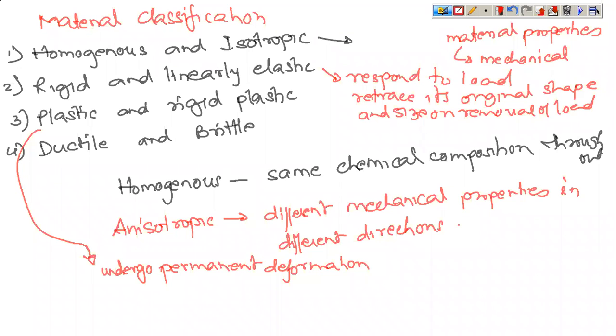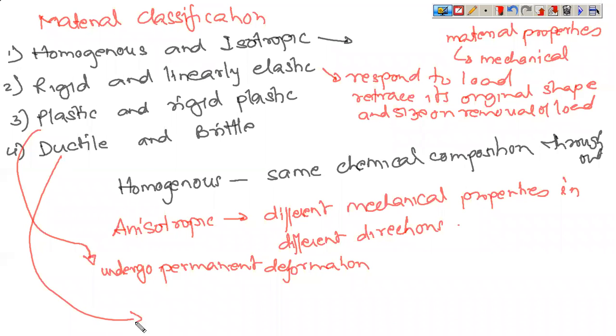And a rigid plastic material means a rigid body, made up of plastic, that will undergo no deformation under the applied load. So the definition of rigid remains the same, only plastic has been added here.